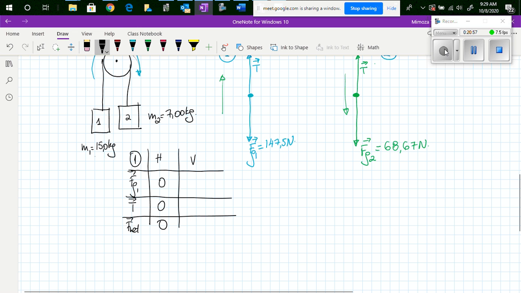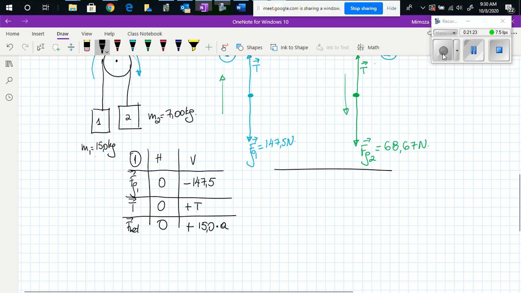And on the vertical, the force of gravity is negative 147.5, tension is positive T, and acceleration will be positive because we are saying that the object is moving up, okay? Positive 15 times acceleration.